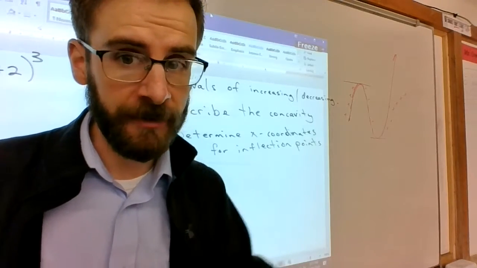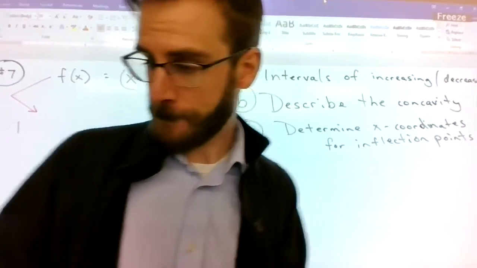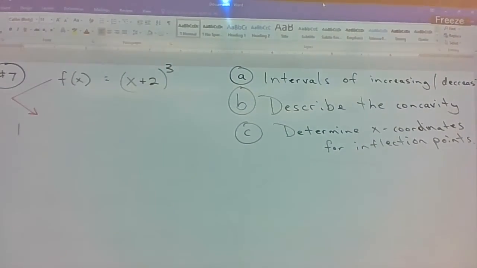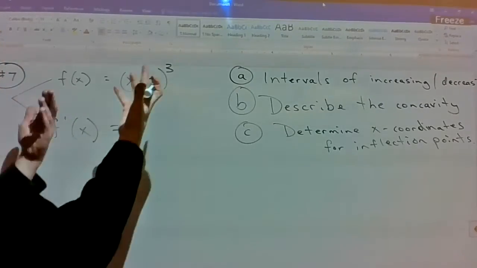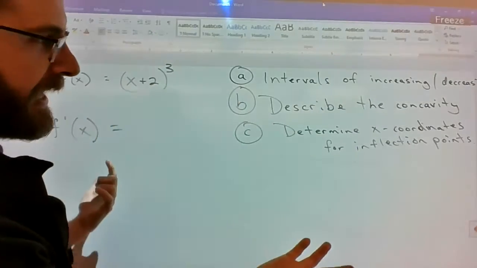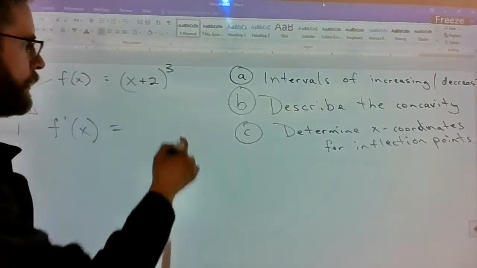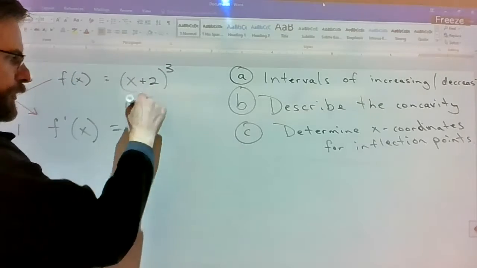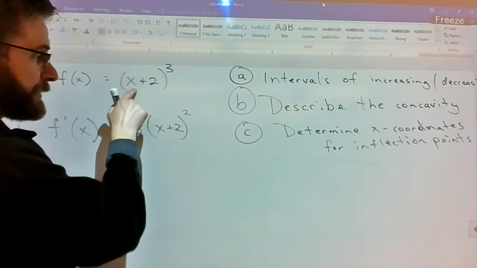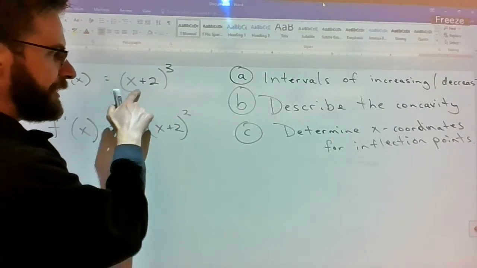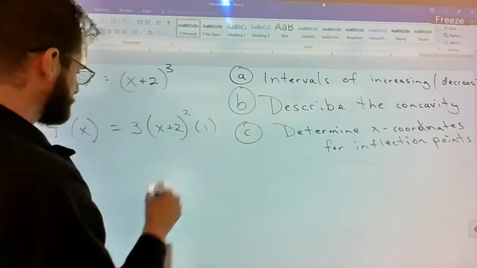So let's take the derivative. F prime of x is equal to, I could expand this whole thing out, but I'd rather use chain rule. Bring the 3 down, rewrite the middle, take 1 away, multiply by the derivative of x plus 2, which is 1.